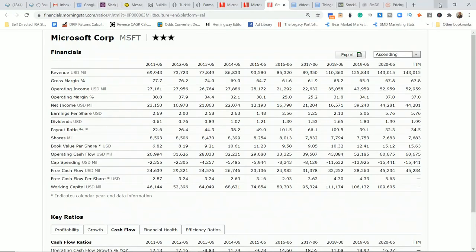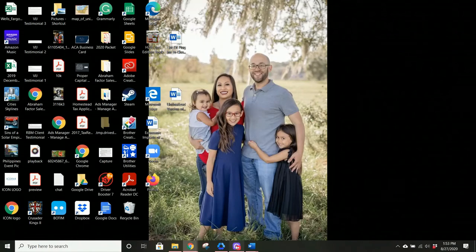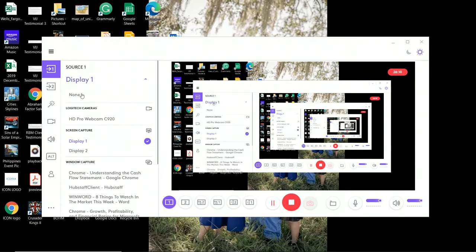I'm going to bring you back to my screen. There we are. Okay, so that is the cash flow statement. Again, confusing on the one look. If you don't understand what the terms mean, frankly, you need to understand what the terms mean.